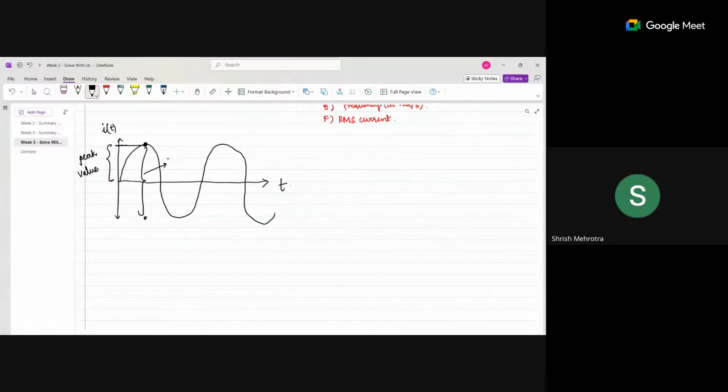It's peak to peak value. Then if you take a sine wave, after one full cycle, it repeats itself. So this is called time period.